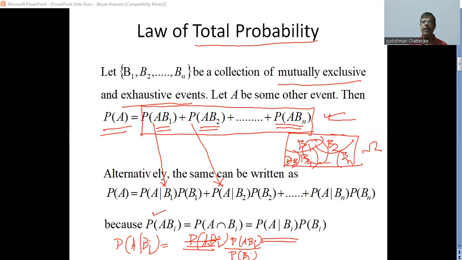Now, if you bring P of Bi on this side, on the left-hand side, then you get P of A intersection Bi is equal to this multiplication. And that's why this formula follows from this formula. Okay, we will see why it's true.